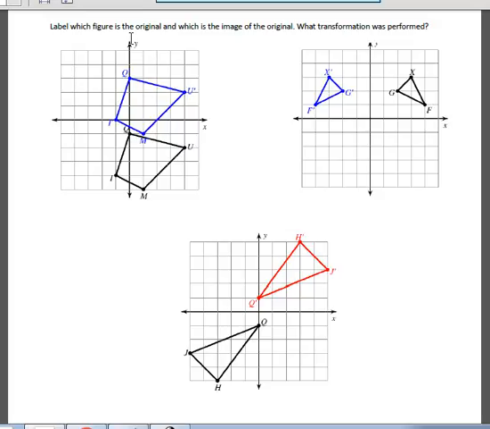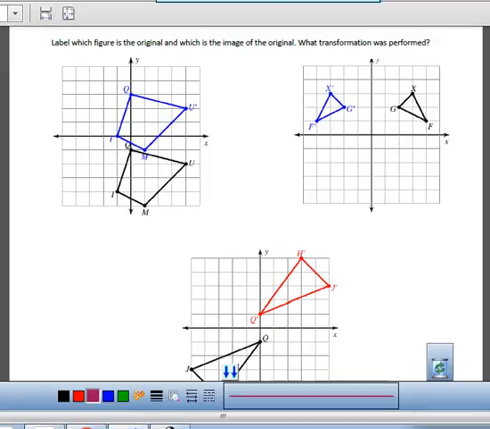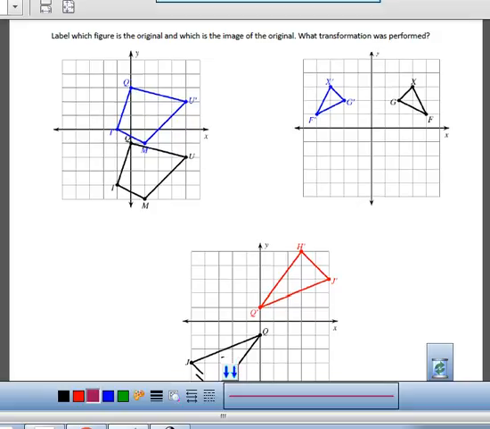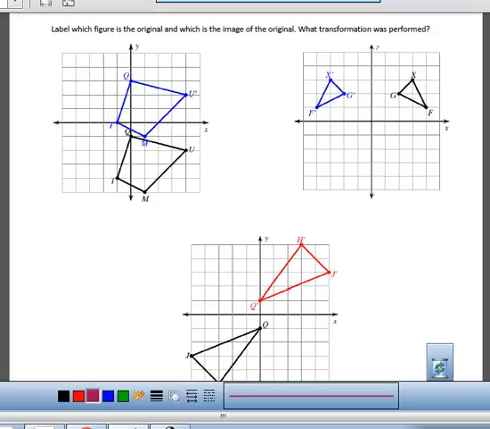Label which figure is the original and which is the image of the original. What transformation is performed. Now, your copy looks different than mine, in part because mine has colors on it and yours doesn't. So one of the things you can't see in yours is that this image here has all these little prime marks.